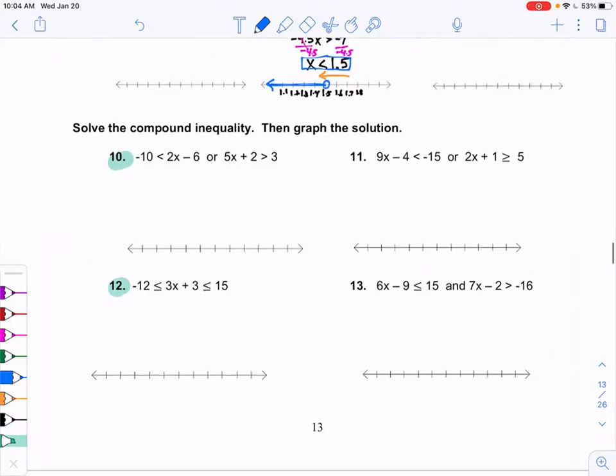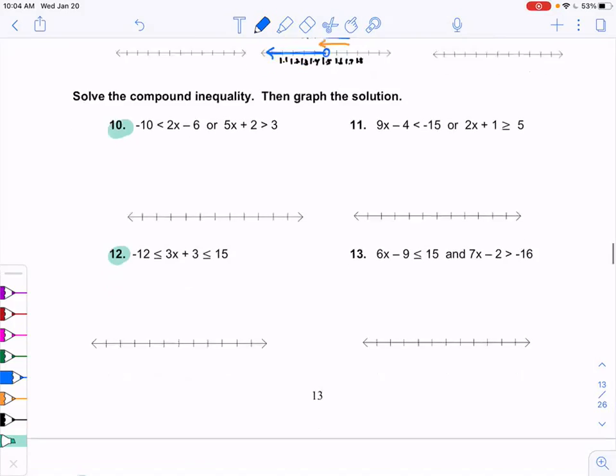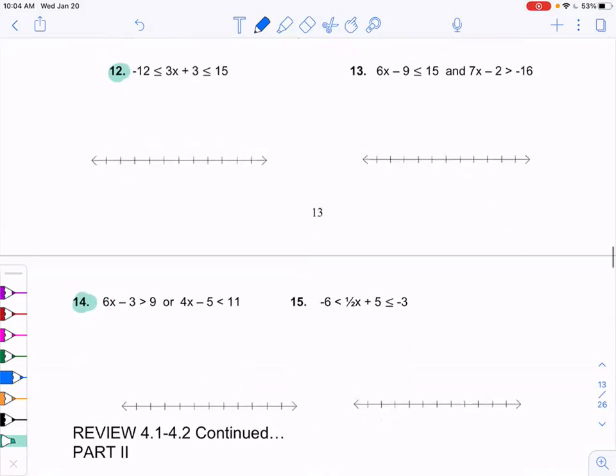Okay, let's go to the next section. It says solve the compound inequality, then graph the solution. Jason, you want to do 10, 12, 14?